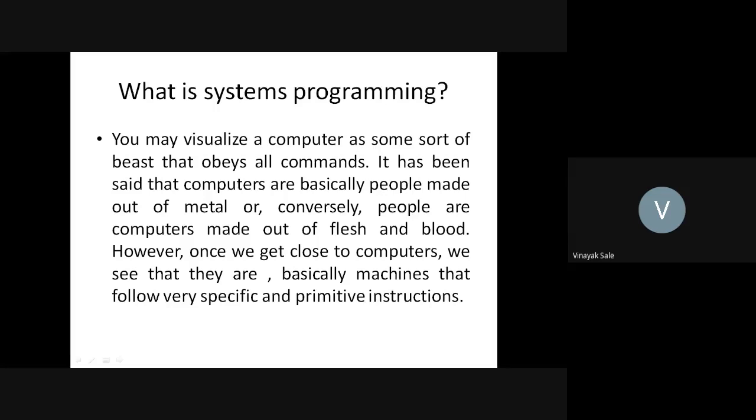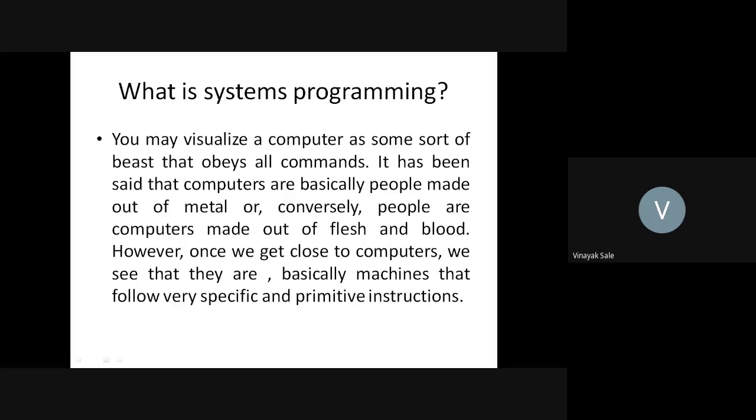It has been said that computers are basically people made out of metal, or conversely, people are computers made out of flesh and blood. So this material is prepared by people, which is of flesh material.